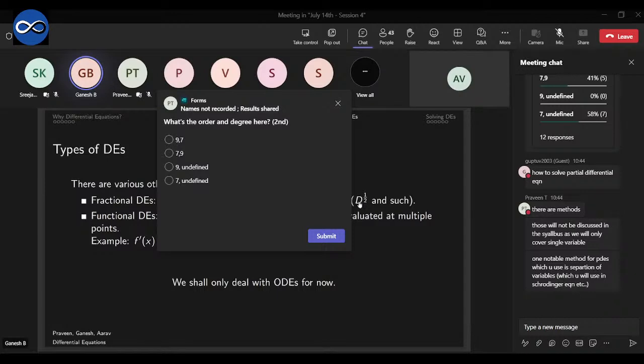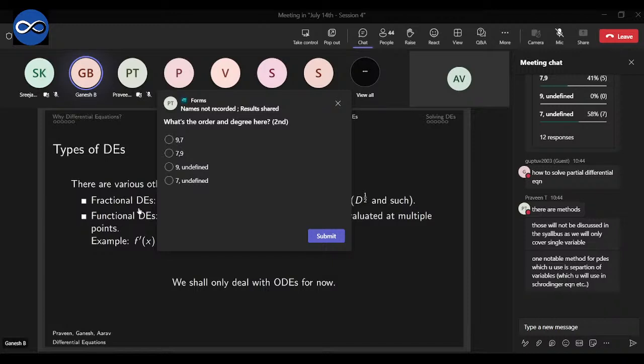For now, think of D as just the d by dx operator. D1 means you're just applying d by dx. D2 means you're applying d squared by dx squared, which is the second order derivative. But what does D half mean? There's some notion for this. It's not very simple, but we'll talk about it in the next session. So don't worry about this much.